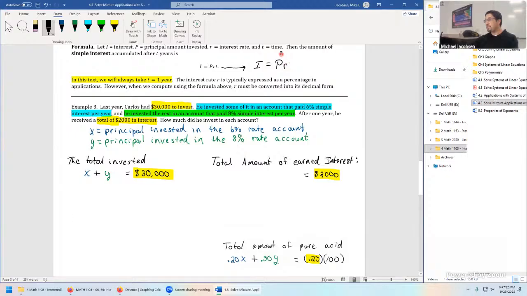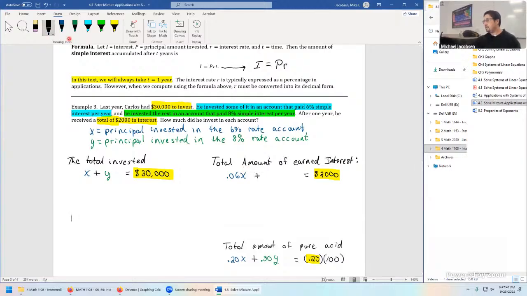But now we're using the interest as principal times rate. There's interest earned in the 6% account. The way we get the interest for that is we take x, which is the principal, and multiply it by the rate. Well, the rate is looking at us right here. It's 0.06. I'll put it in front of the x since we're just used to seeing the coefficient to the left and then the variable to the right.